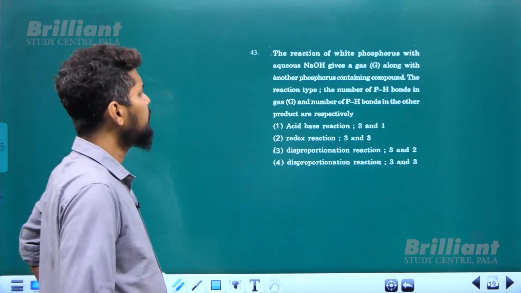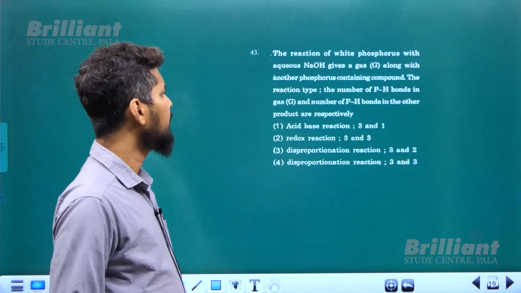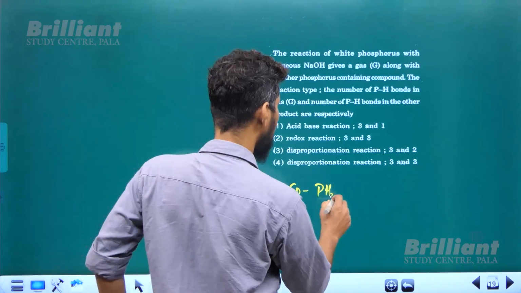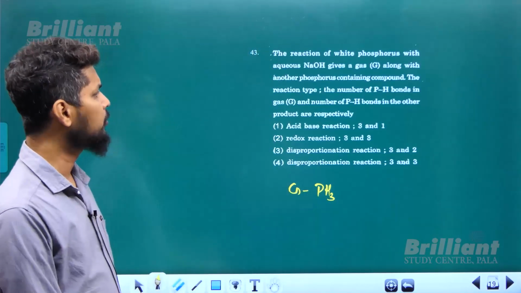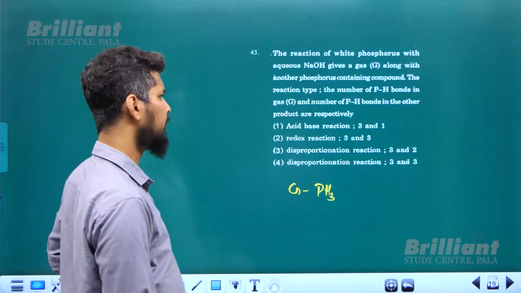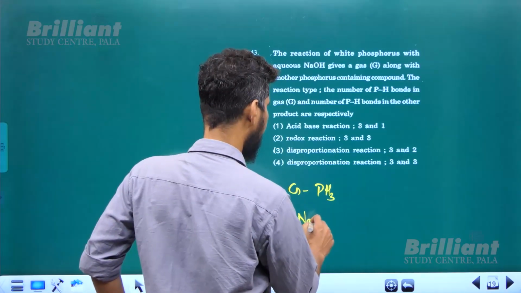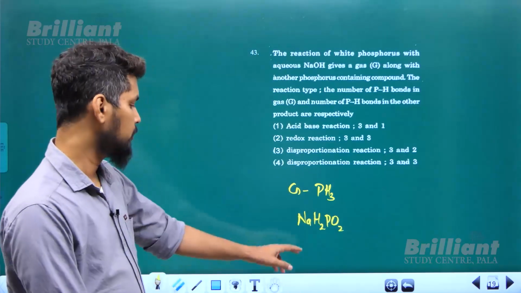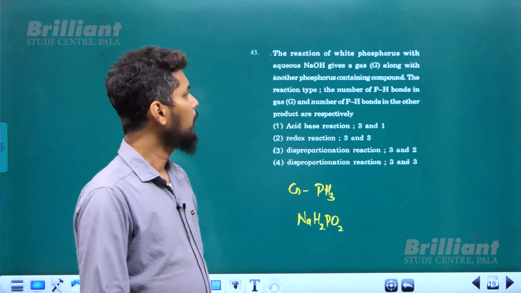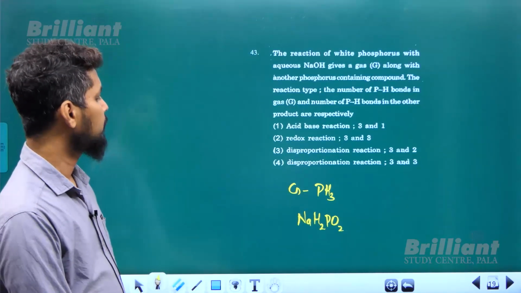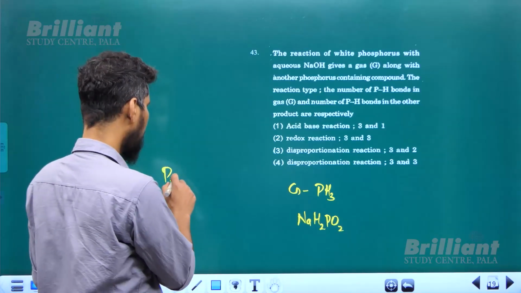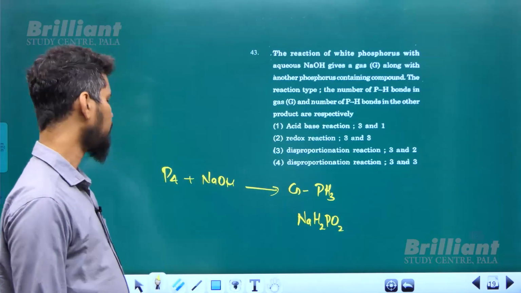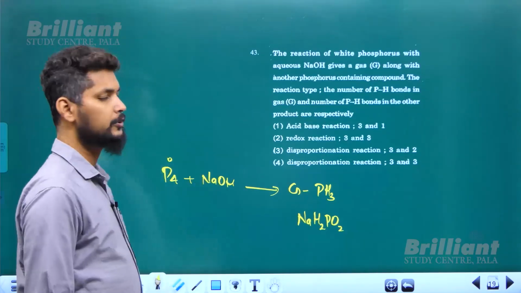Reaction of white phosphorus with aqueous sodium hydroxide gives a gas G. So gas G is basically phosphine, PH3, along with another phosphorus containing compound, and that compound is NaH2PO2. Okay. The reaction type: basically P4 on reaction with NaOH gives these products, and the oxidation state of phosphorus in P4 is 0.